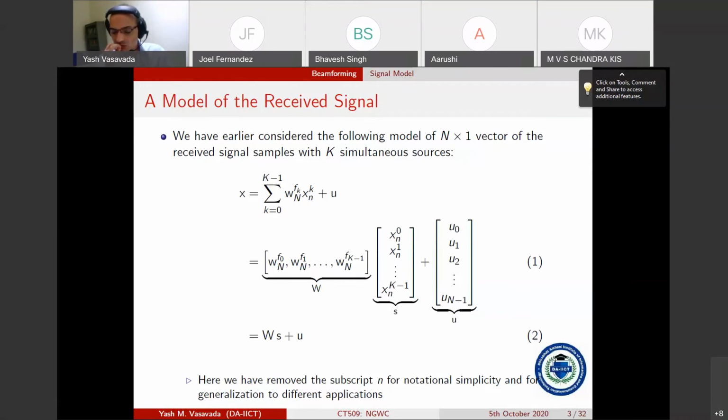So like 2 users and 8 PSK symbols. Yeah. Okay. So first of all, what will be the dimension of the signal?